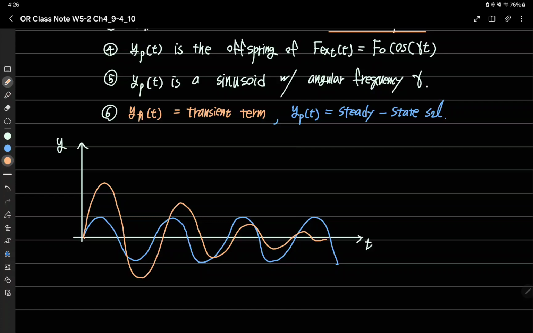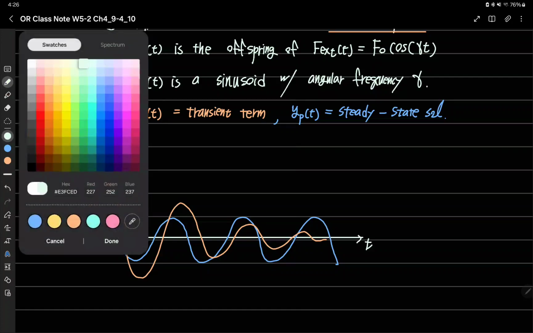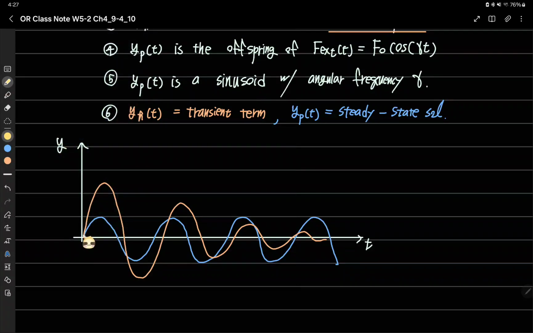as time goes on. And then they combine them. The general solution is going to be maybe something like this.